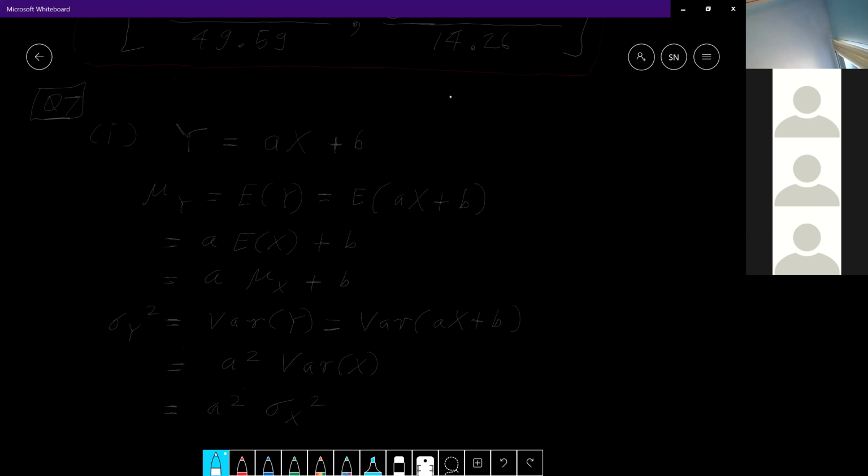So we have proved both relationships, that is mu y is equal to a times mu x plus b, and we have also proved that sigma y squared is equal to a squared times sigma x squared. So that's part 1.